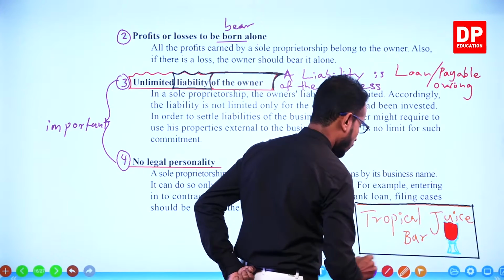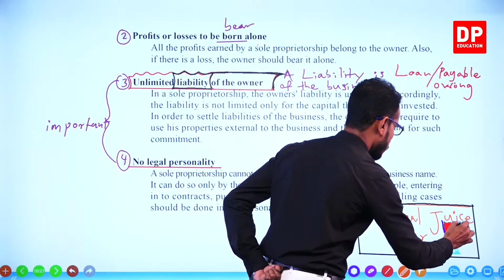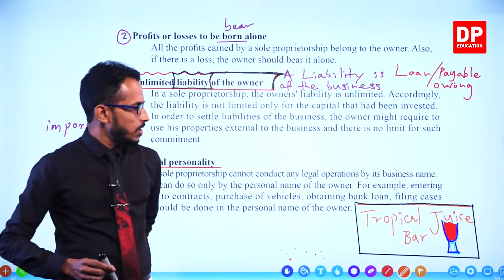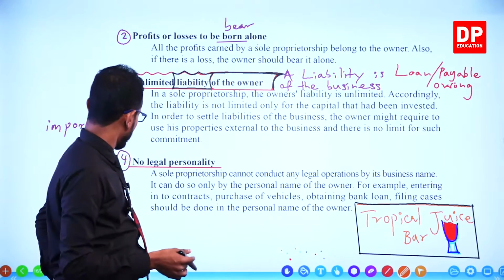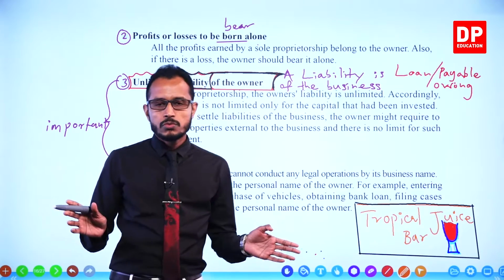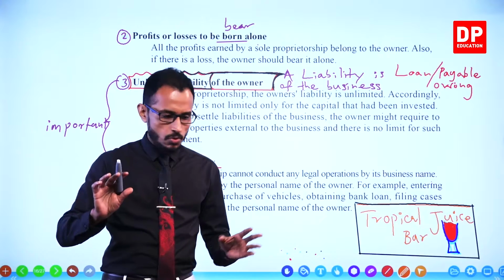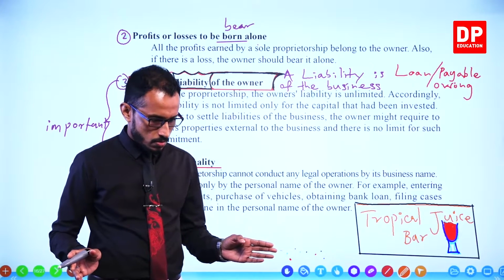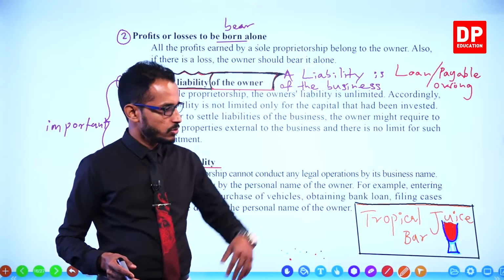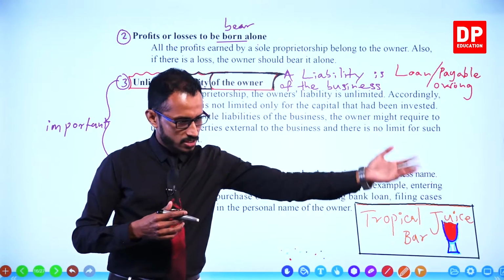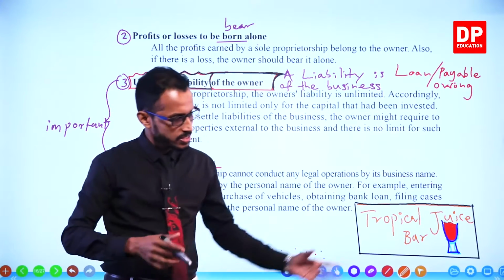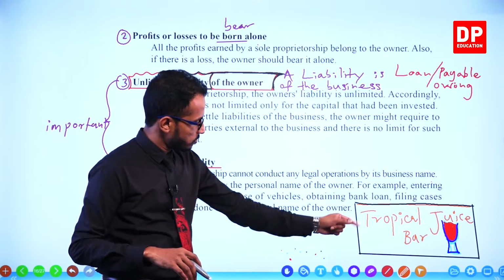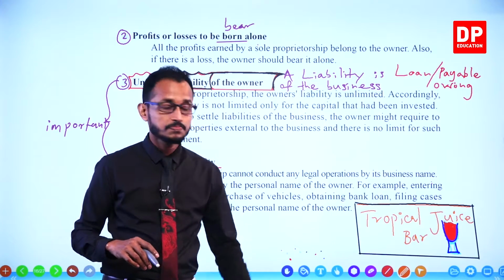So in this juice bar you sell fresh juice, and you want to buy a small trishaw in order to go to fruit suppliers, fresh fruit suppliers, and bring the fruits to your juice bar, to your business.